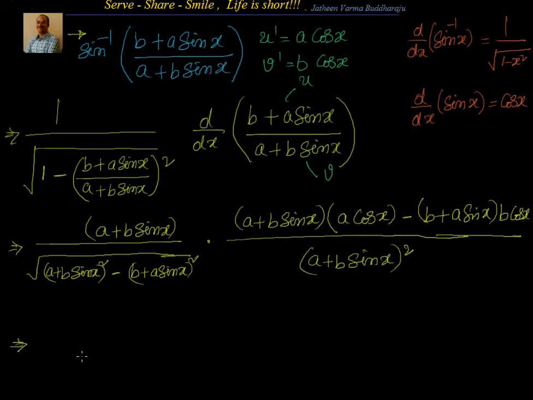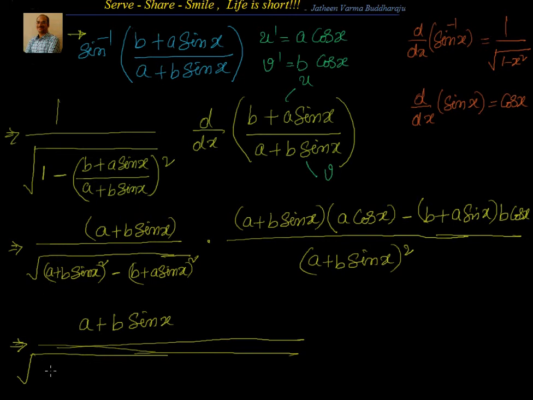Now let's try to simplify this further. We will have a plus b sin x divided by, let's try to expand this, the square root of (a plus b sin x) whole square, which is a square plus b square sin square x minus 2ab sin x, minus (b plus a sin x) whole square, which is b square plus a square sin square x plus 2ab sin x.